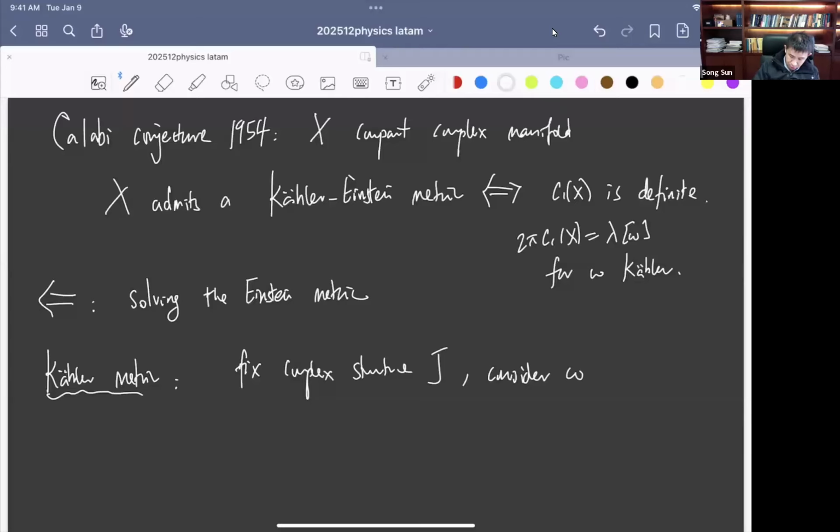But more importantly, there is the ddbar lemma, which says that omega is not just d of a one form, it's actually determined by a function. Locally, omega is given by square root of minus one times partial partial-bar of a function phi, where phi is a real-valued function.